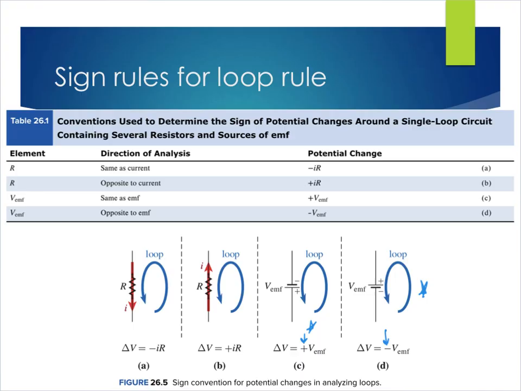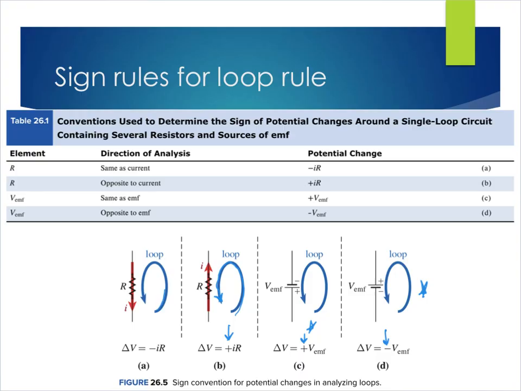Then the only other thing we need to worry about is going through a resistor. If we go through a resistor, we have already chosen the direction of the current for that particular resistor. And when I do an example, I think this will make more sense. But if we travel through the loop and go through the resistor opposite the direction of the current that we've chosen, we actually get a potential gain of current times resistance.